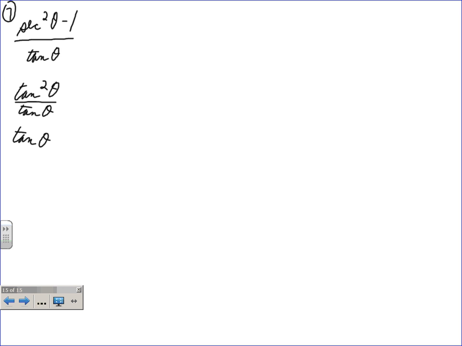And finally, number 8, you have cosine over sine times cotangent. Cotangent is cosine over sine.